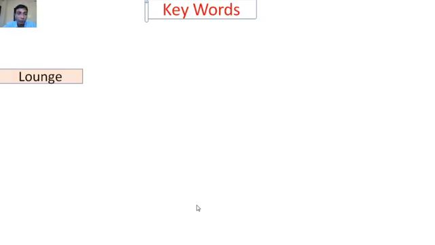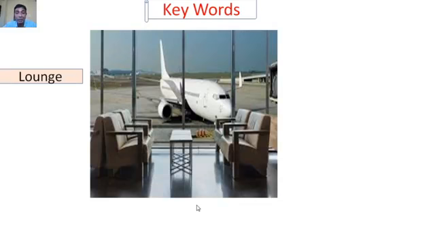We are going to discuss the meaning, and finally we are going to make a sentence using the word. The first one is lounge. Look at the picture. What do you see in it? Yes, there is a plane, and beside it there is a waiting room.